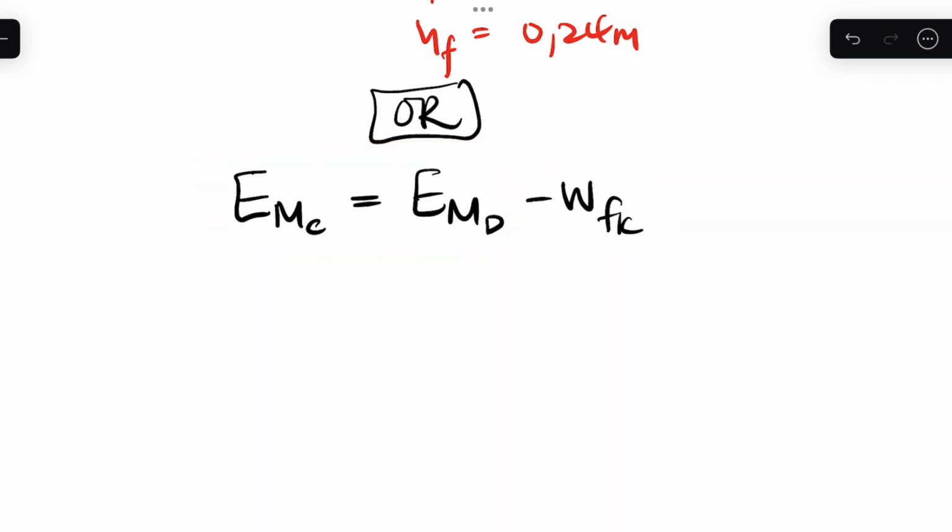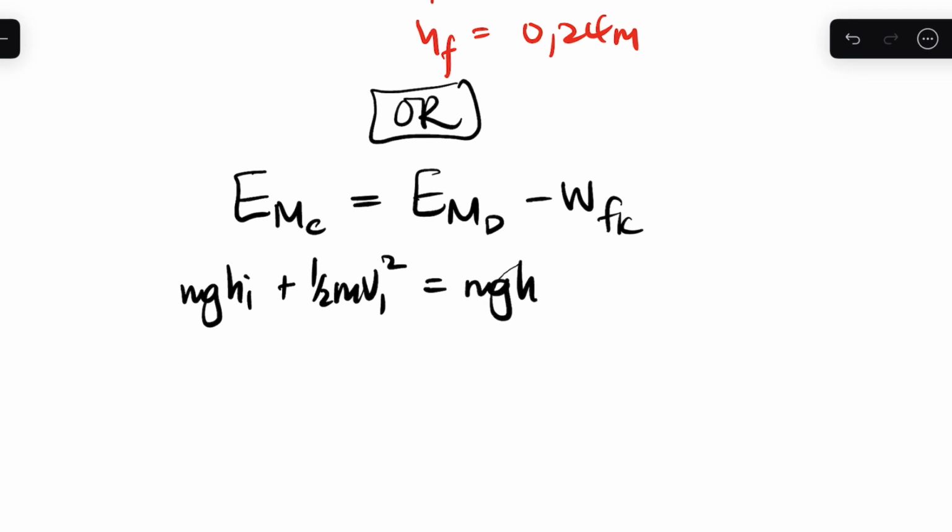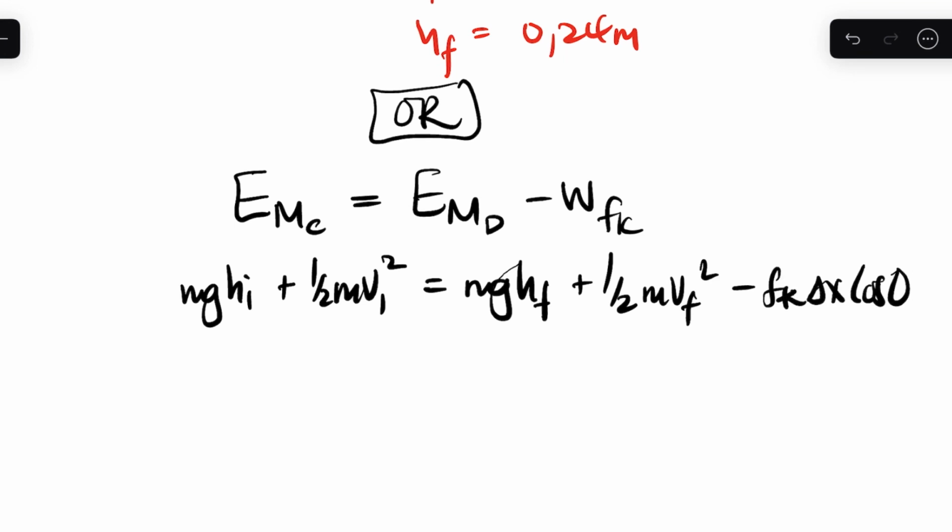When you minus, it means that the energy has been lost through friction. So it's going to be mgh initial plus half mv initial squared equal to mgh final plus half mv final squared minus the work done by the frictional force, which is fk change in x cos theta, right?